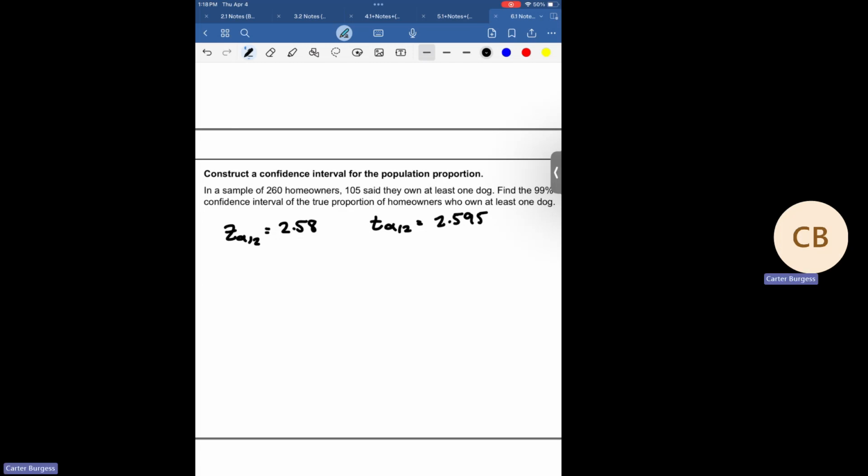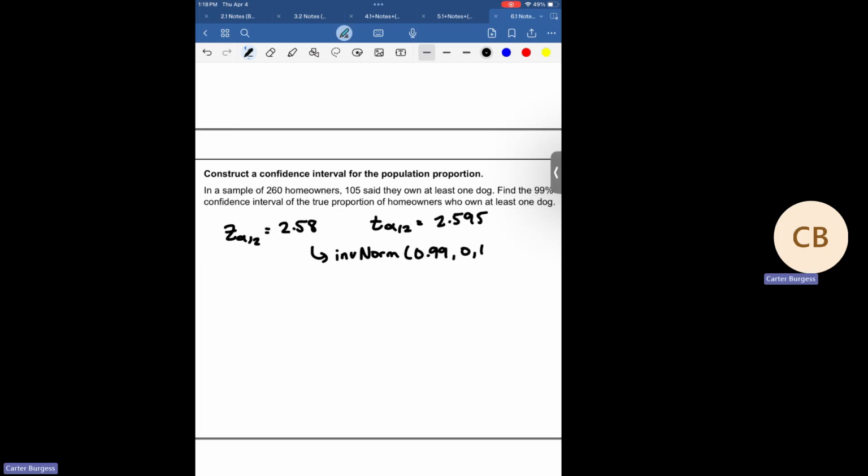I have seen a couple of people use 2.56 for 99%. That is not right; it's 2.58 for 99%. And if we're not sure, we could do inverse norm in order to figure that out, with 0.99.